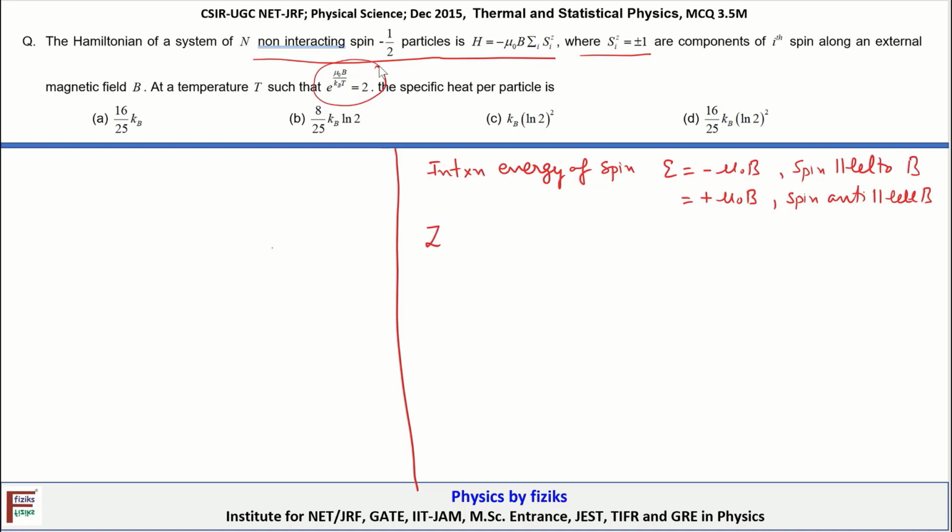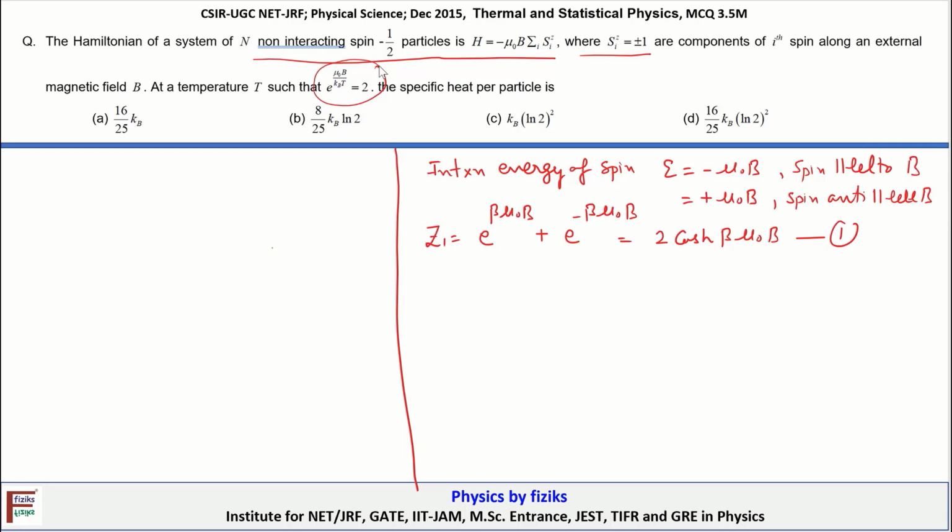Therefore for a single spin, the partition function Z1 is equal to exponential beta E1 plus exponential beta E2. So exponential beta mu 0 B plus exponential minus beta mu 0 B, and this is equal to 2 times cosh beta mu 0 B. Let's call this equation 1.